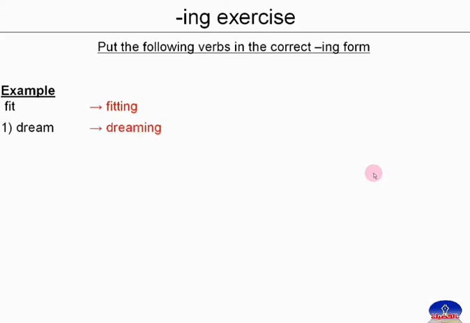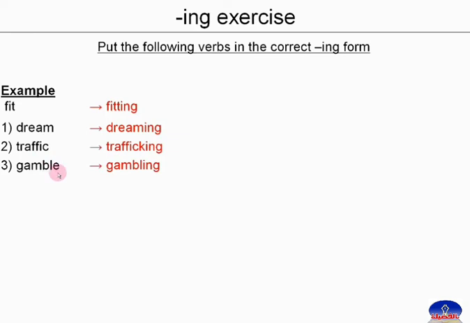Dreaming. So this is just a regular verb, and so we just add ing at the end. Question 2. Trafficking. The verb ends in C, so we add king to the end. Question 3. Gambling.